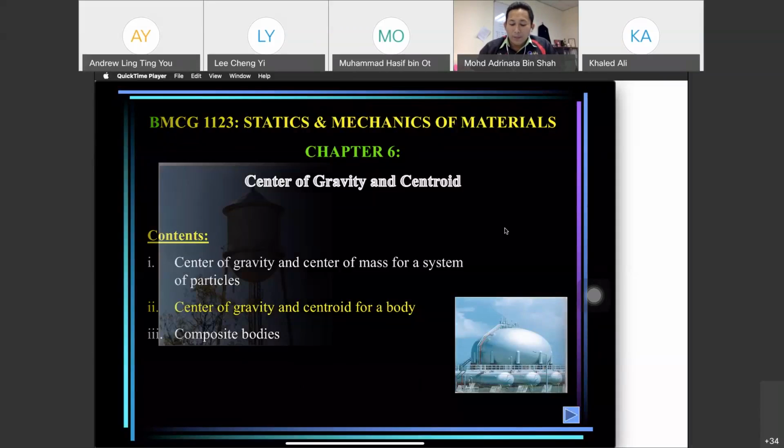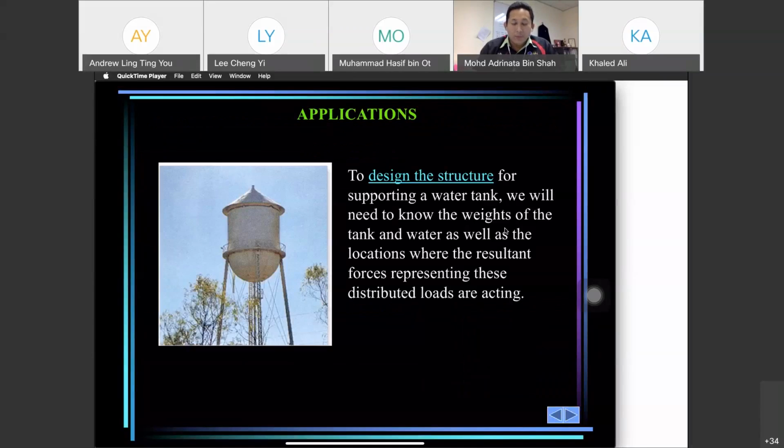This is an example of the applications of the center of gravity, where when we design the structure, as in the figure, we need to know the center of gravity so that we can support the water tank.